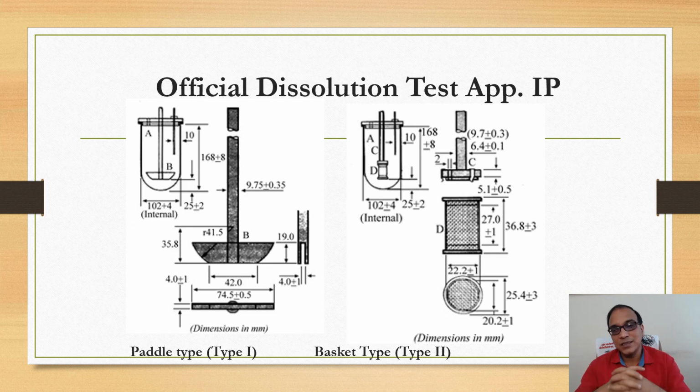As you can see in this diagram, you must have the idea of the measurements and specifications of each and everything when you are answering in your answer book. In the USP and IP, the specifications are the same, just the name is different, as we have discussed. So just remember each and every specification perfectly.